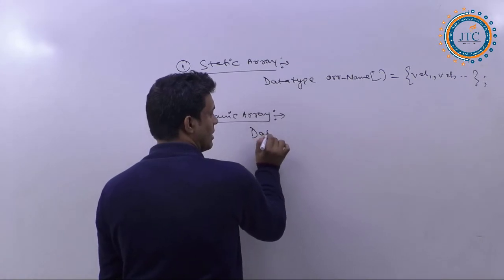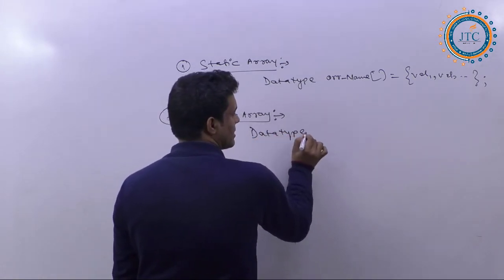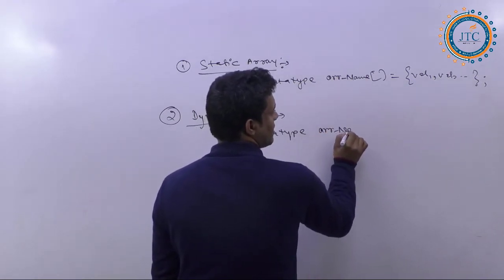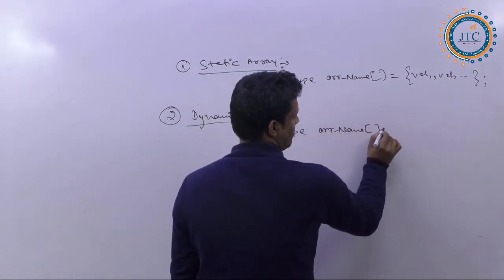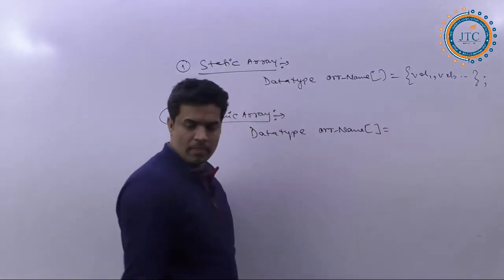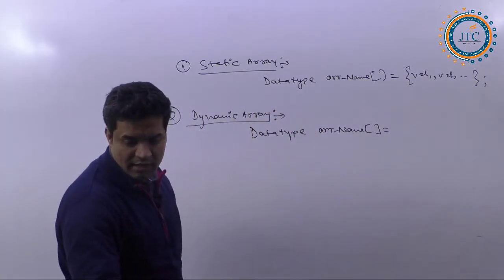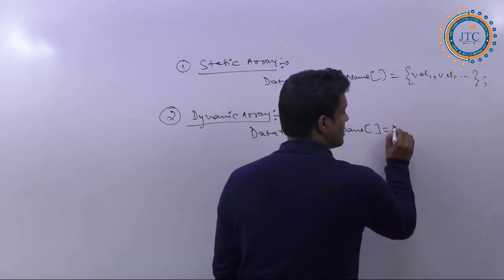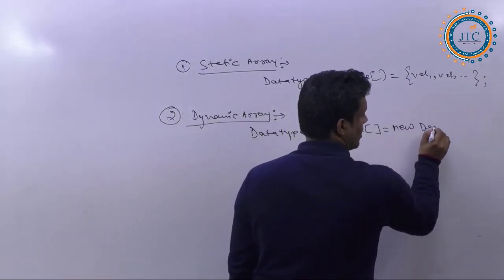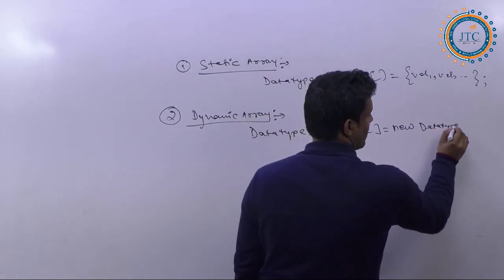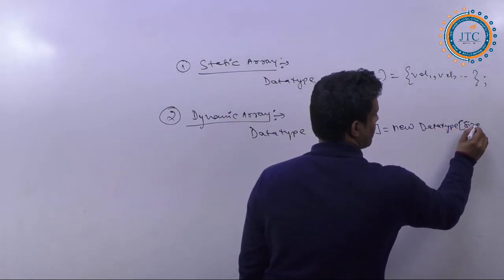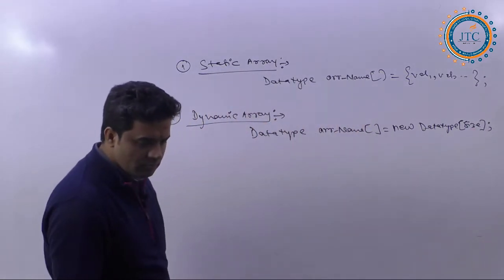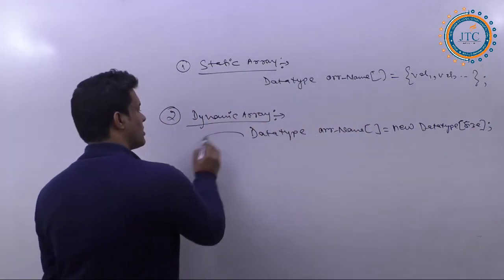Again there is a data type, then the array name is equal to another form, and that form is new of data type, with the size written inside.